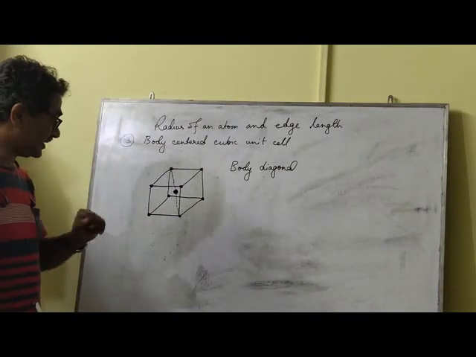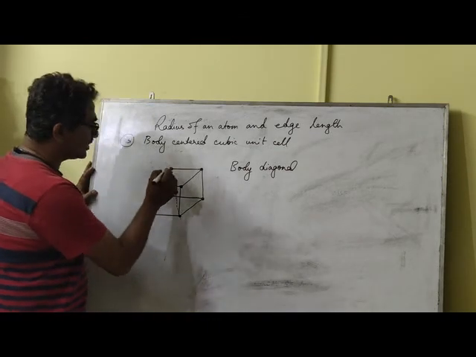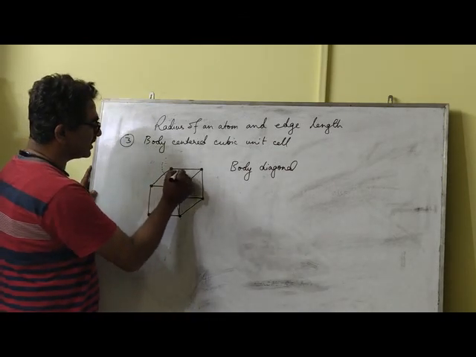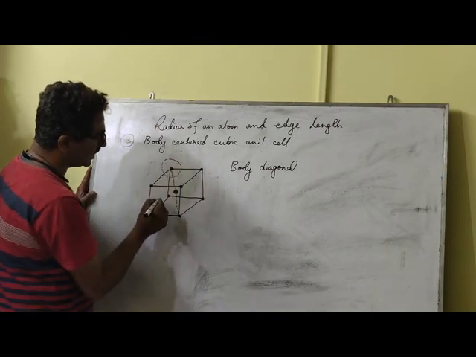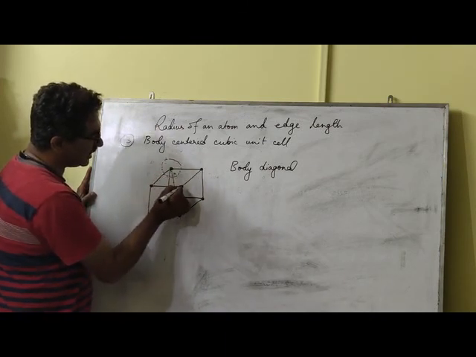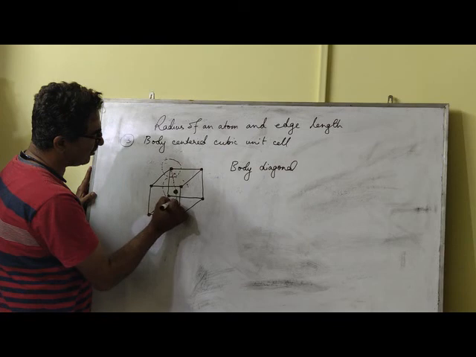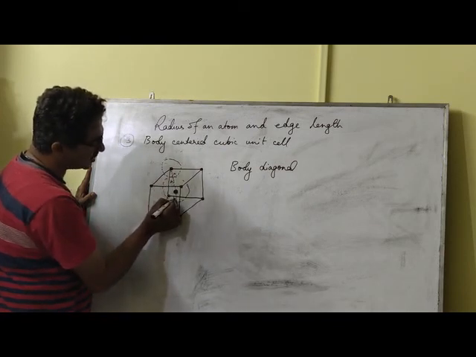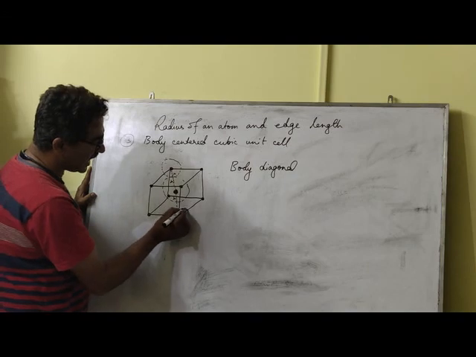So now, how do we find it? Let me draw the atoms, the radius of the atoms. So this is one atom whose radius is r, and here once again we have one more atom whose radius is r, and out here also we have an r, and again we have an r.